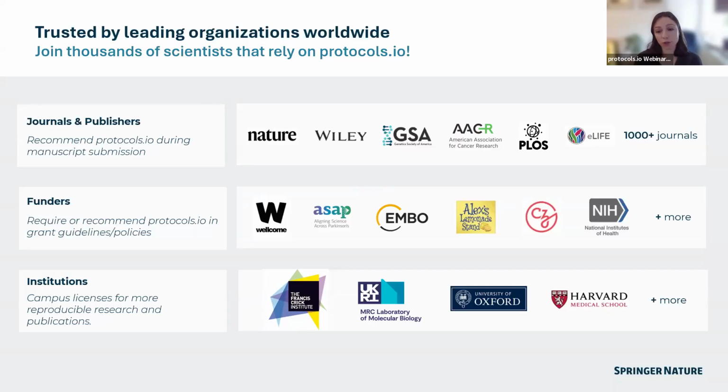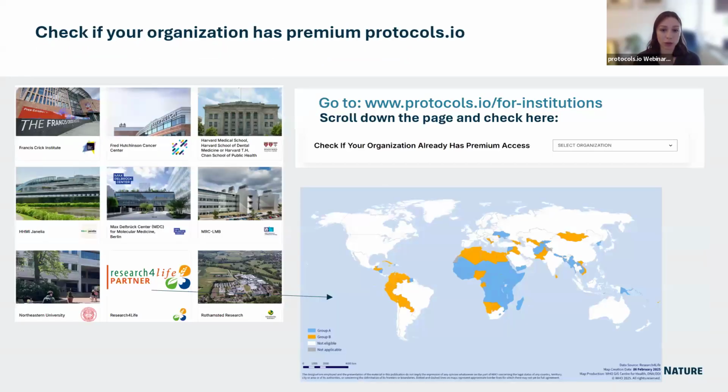And there are also universities that provide full access to the private side of Protocol Studio to promote better methods documentation and open sharing within the universities. So what you can do is you can check if your organization has Premium Protocols.io. So you can go to protocols.io/for institutions and check if your institution is listed in this dropdown.